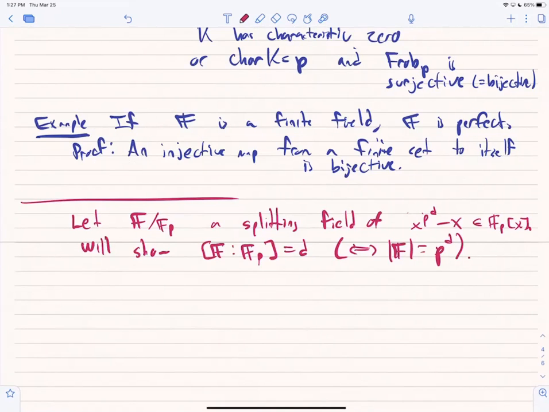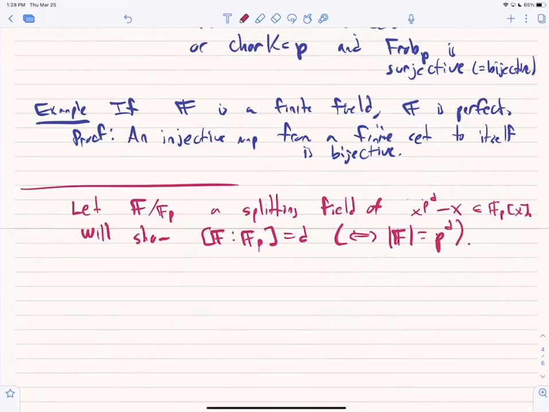Okay, and so how do we do that? Well, first, step 1: if I look at the derivative of this polynomial, this is equal to -1, which is non-zero.